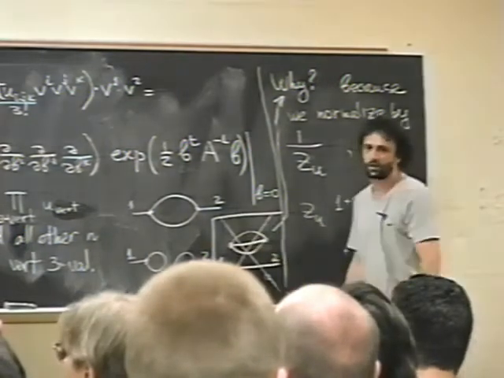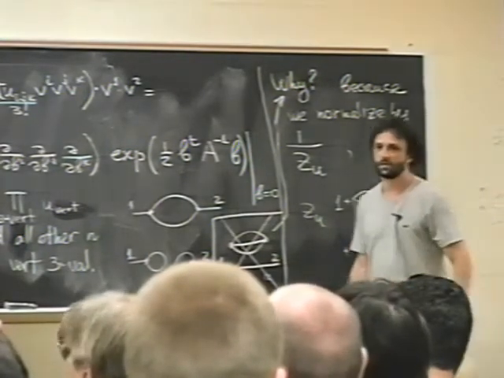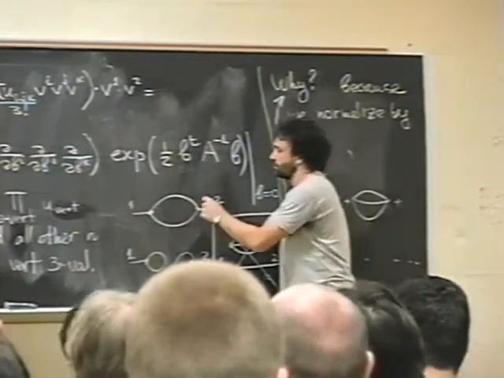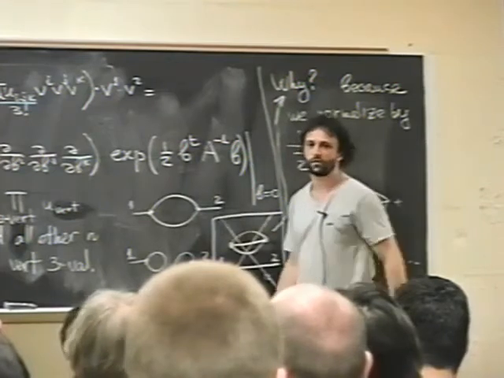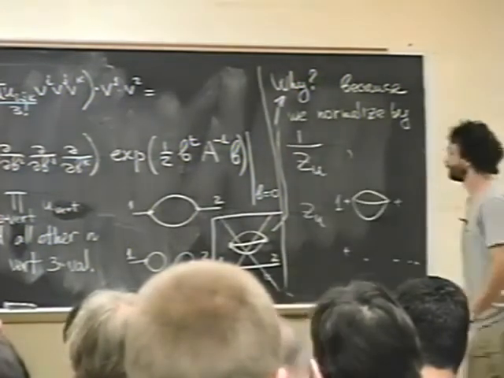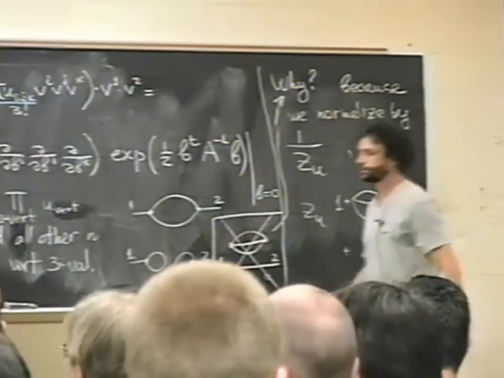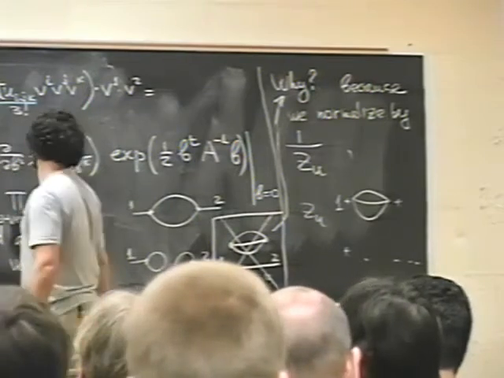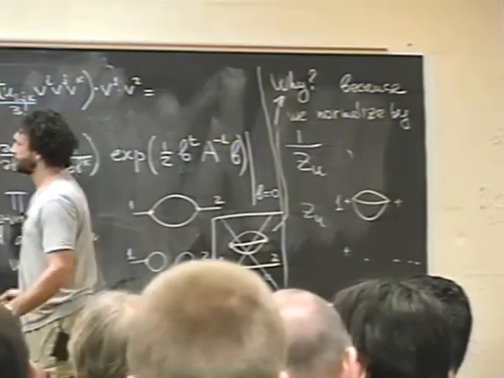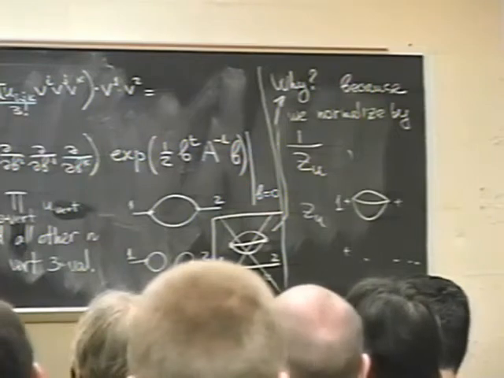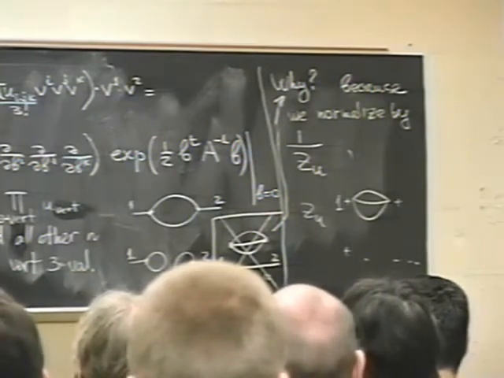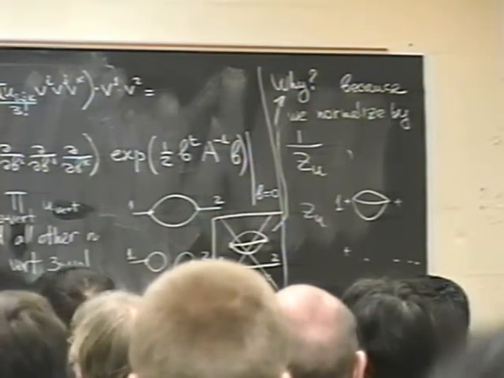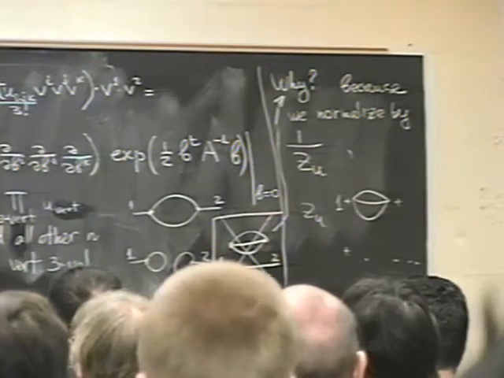So I will be left only with graphs where each vertex is path connected to at least one univalent vertex. But you should also do this last thing. Here it would be Z naught over Zu.